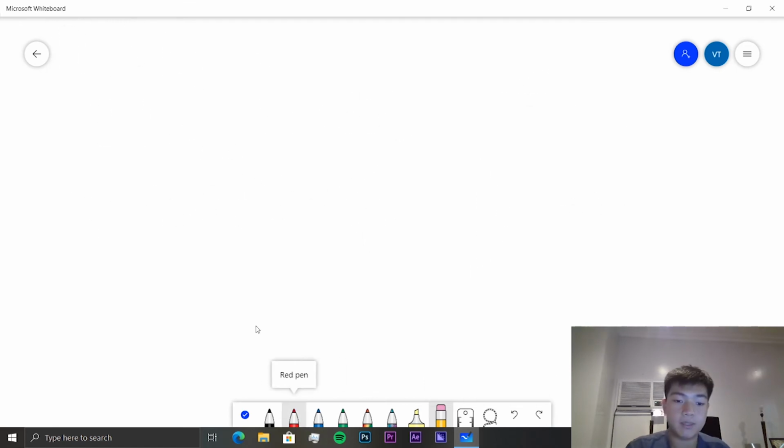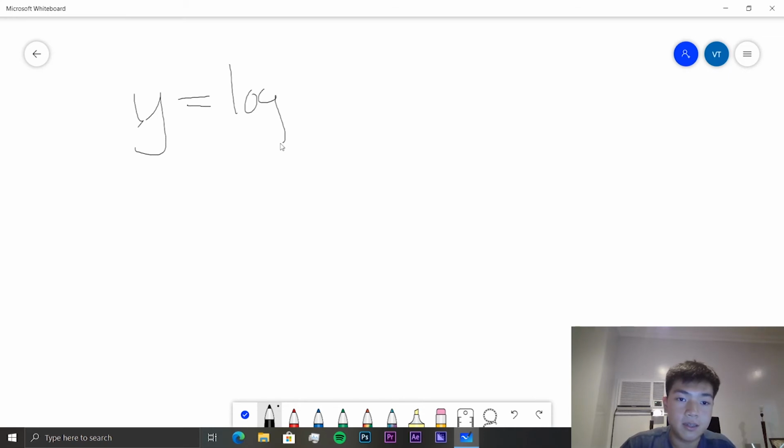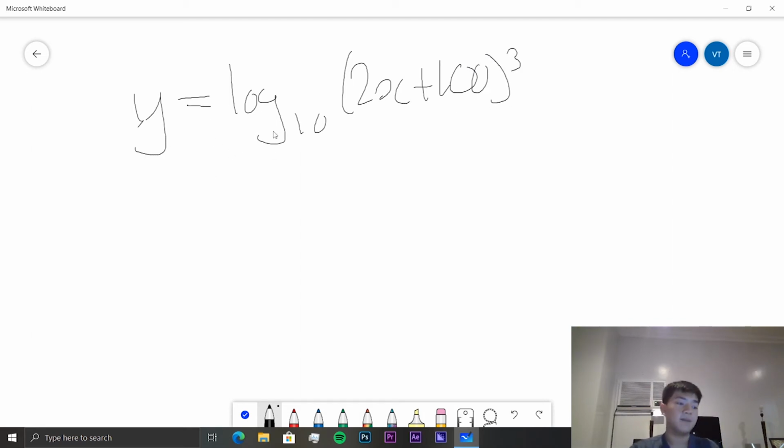Next, find an expression for dy over dx. So again, y is equal to log 10 2x plus 100 cubed. We need to find the derivatives.